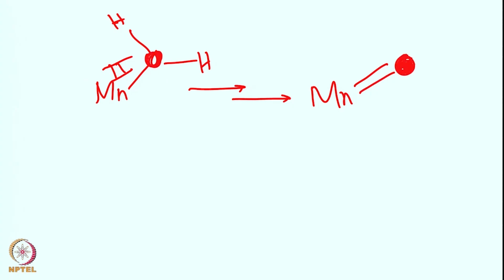Well, this is quite a phenomenon, right. So, you can break this OH bond, you can break this OH bond, overall you can make it, let us say, manganese OH minus or dot.